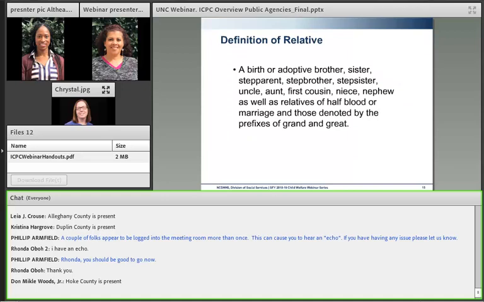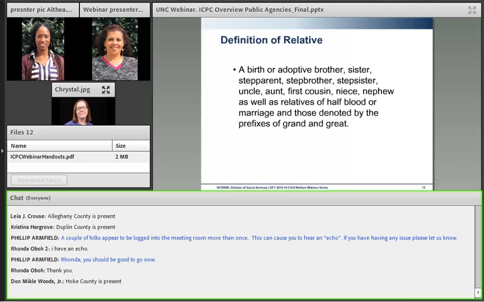So it's very important to understand the definition of relative as it is defined in the compact. The definition of relative as defined in the compact is a birth or an adopted brother, sister, step-parent, step-brother, step-sister, uncle, aunt, first cousin, niece, nephew, or any relatives of a half-blood or marriage that is denoted by prefixes of grand and great.